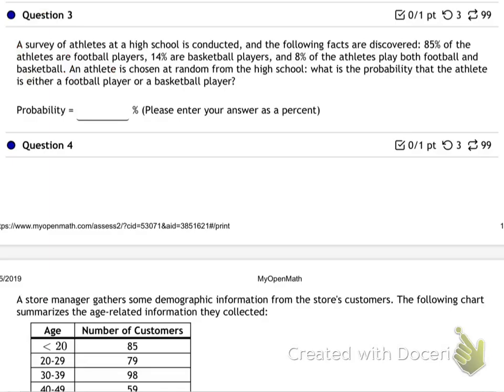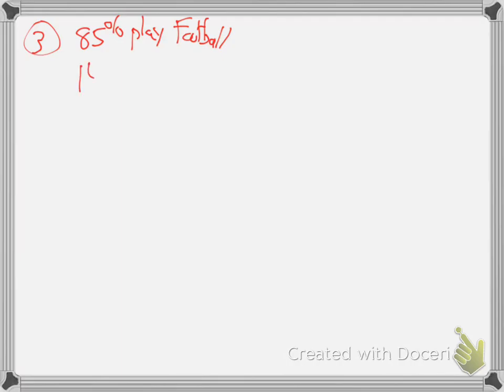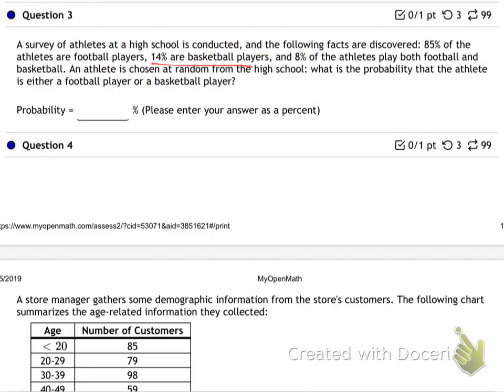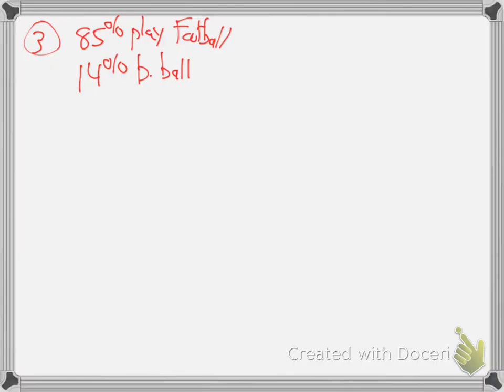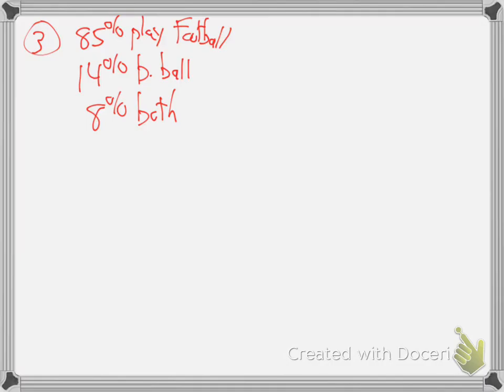It says 85% play football, 14% basketball, and 8% play both. Okay. So there's the key facts.